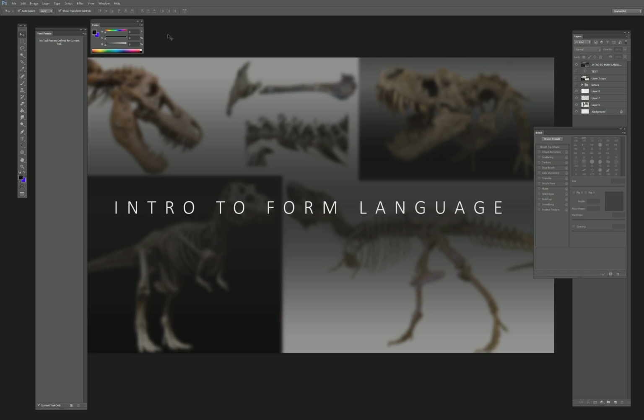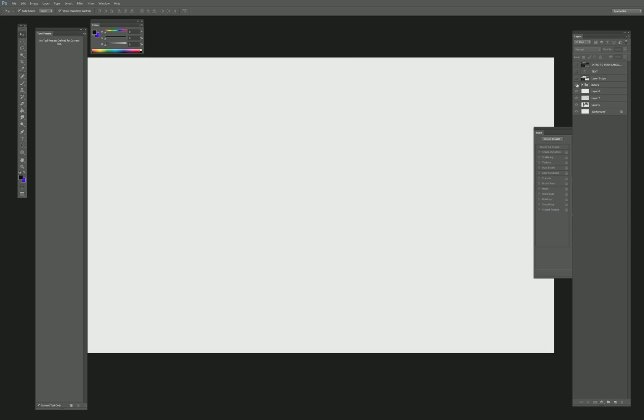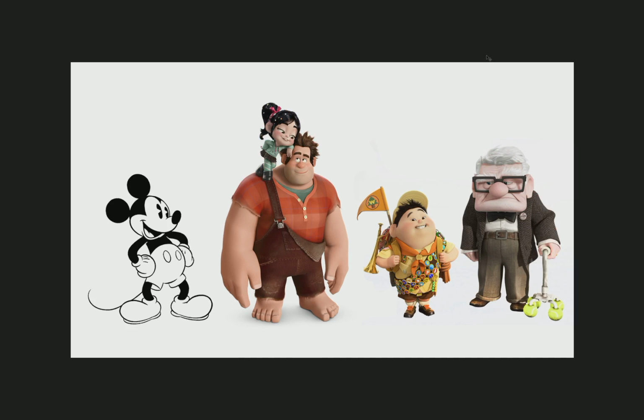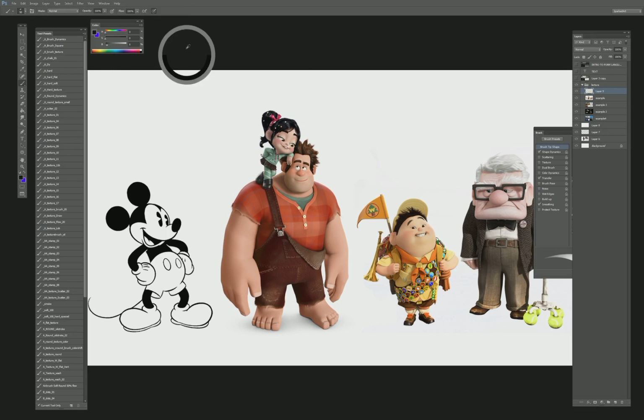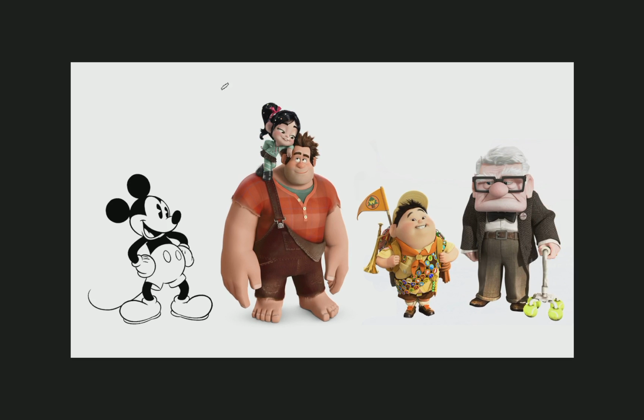But when it comes down to the basics, what is form language and what does it represent? So I want to show you guys some examples, and these are some character designs that I thought kind of showcased really good use of form language and shapes.